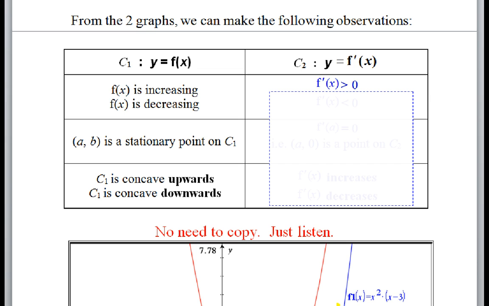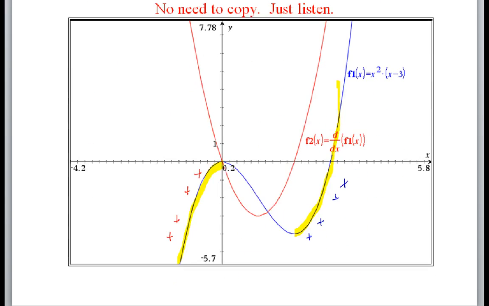Of course, the reverse is true. If this portion is decreasing, then this red portion of the derived graph should lie below the x-axis. Quite obvious. Because this part is decreasing, this entire derived graph will lie below the x-axis.